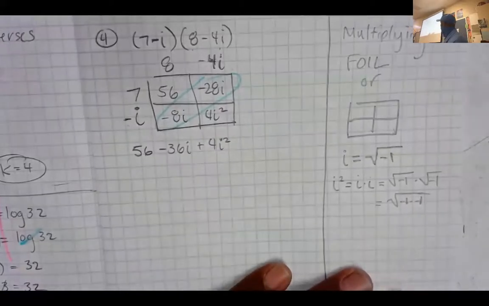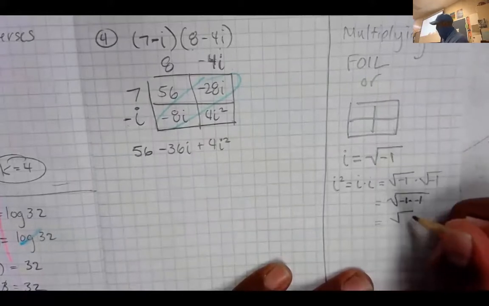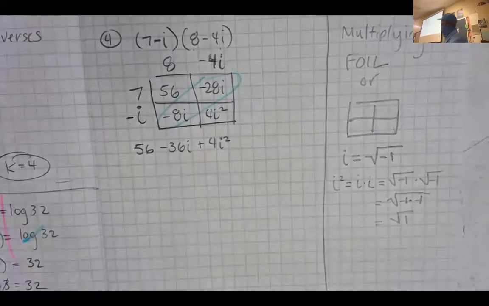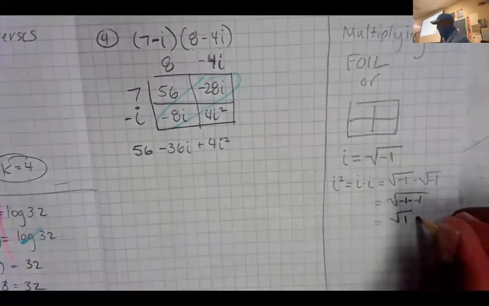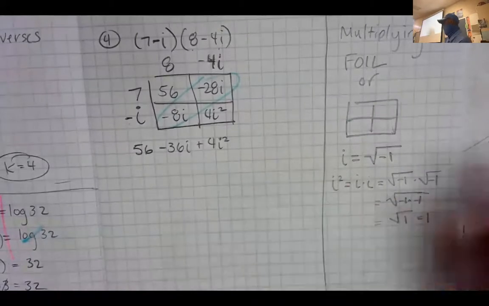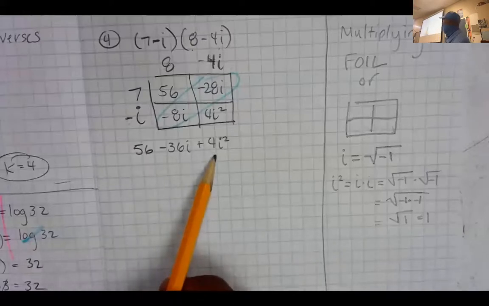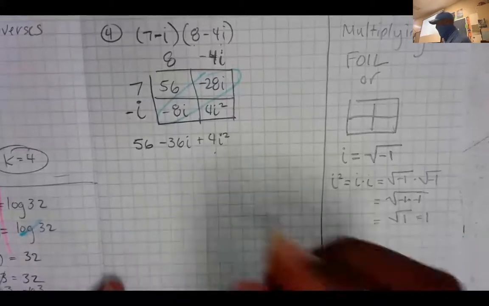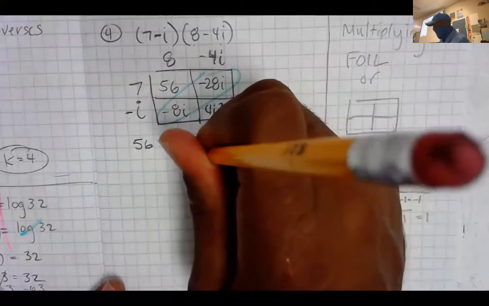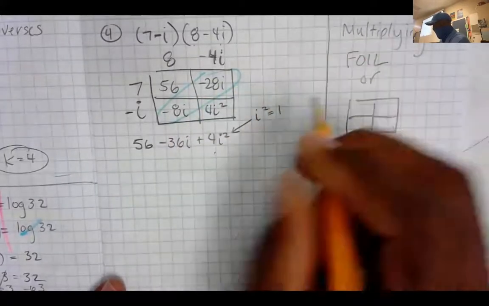So negative 1 times negative 1 is positive 1, which means it's equal to 1. So after all of that, you need to remember that i squared equals 1. That means this 4i squared is just 4, because i squared becomes 1.